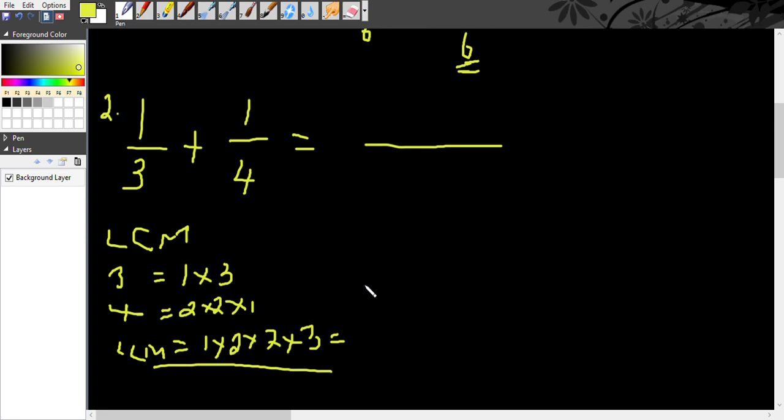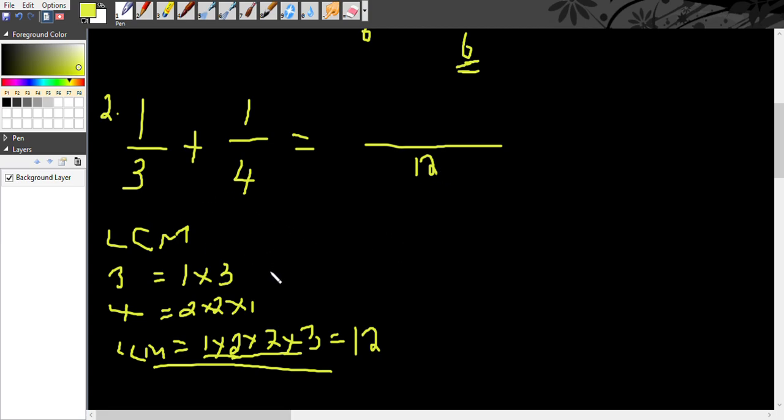In other words, a number into which both 3 and 4 can go without leaving a remainder. So 1 times 2 gives us 2, 2 times 2 gives us 4, and 4 times 3 gives us 12. So that number is 12. So right there we put 12.